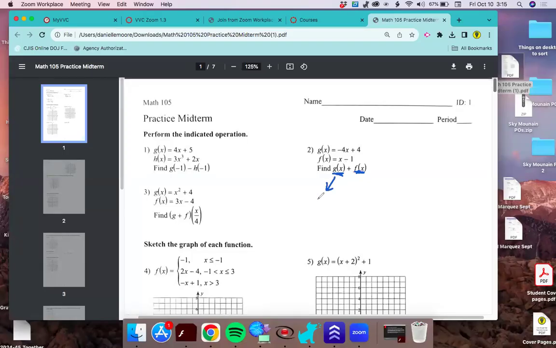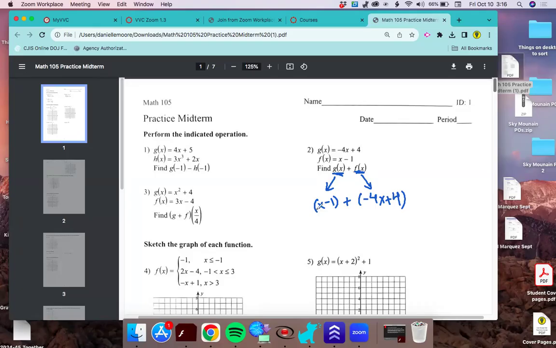So here comes the g of x plus f of x, -4x plus 4. Beyond that, it's pretty much done. We've added them, if you will. And see if we can simplify it, I guess.